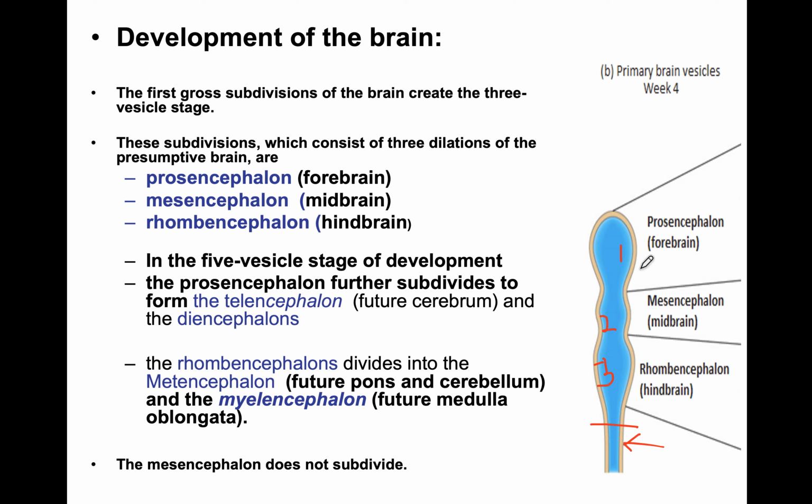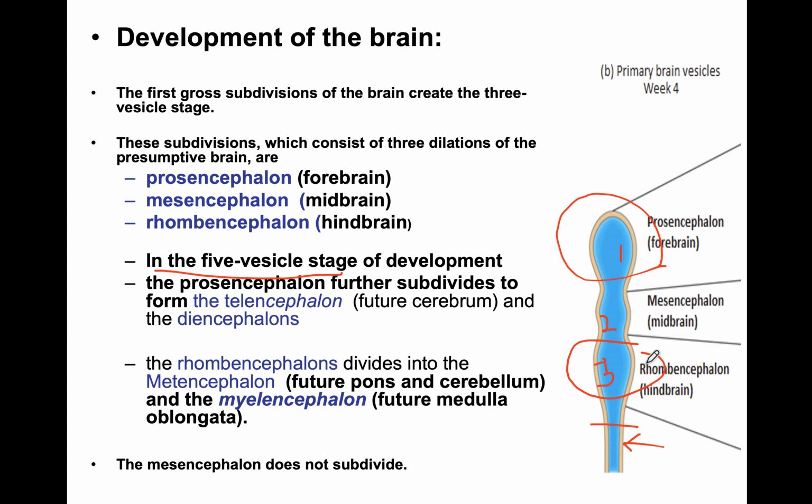Then these three vesicle stage will change and go to the next stage, which is the 5 vesicle stage. At this stage, the prosencephalon is going to divide into 2, and the rhomboencephalon also is going to divide into 2.